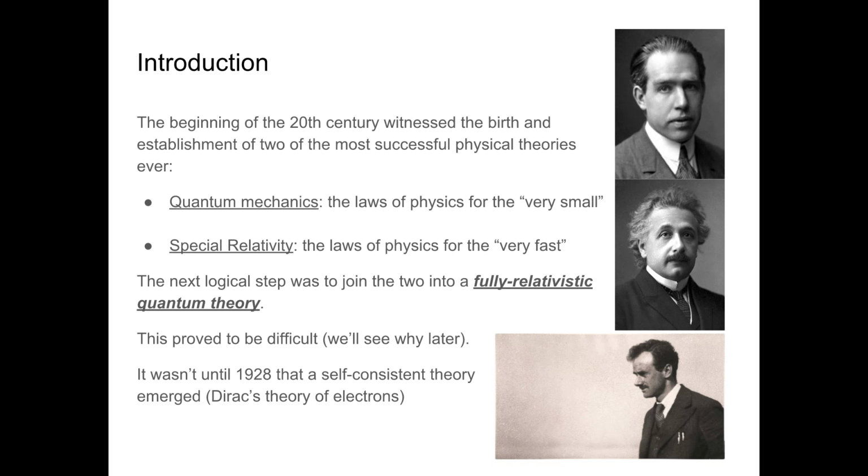These early years of the 20th century saw basically two of the most successful and earth-shattering theories that were ever developed. One was quantum mechanics, which we all know is basically the laws of physics for the very small, right? When you're probing things at very small scales. And the other is special relativity, right?